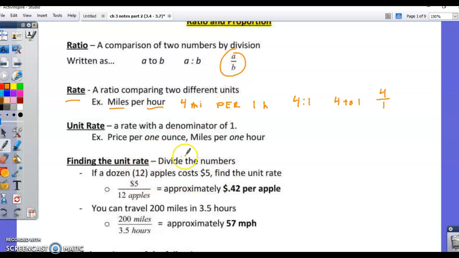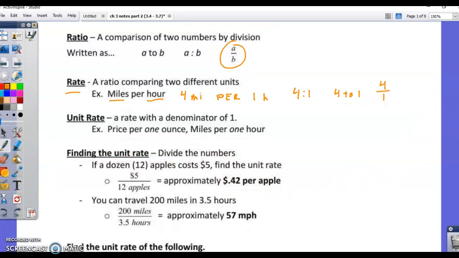Here's a couple examples. If you have 12 apples that cost $5, and you're trying to find the cost per apple, you would put the money on the top and the apples on the bottom. So you just set it up as 5 over 12, and you divide 5 divided by 12, and you get 42 cents per apple.